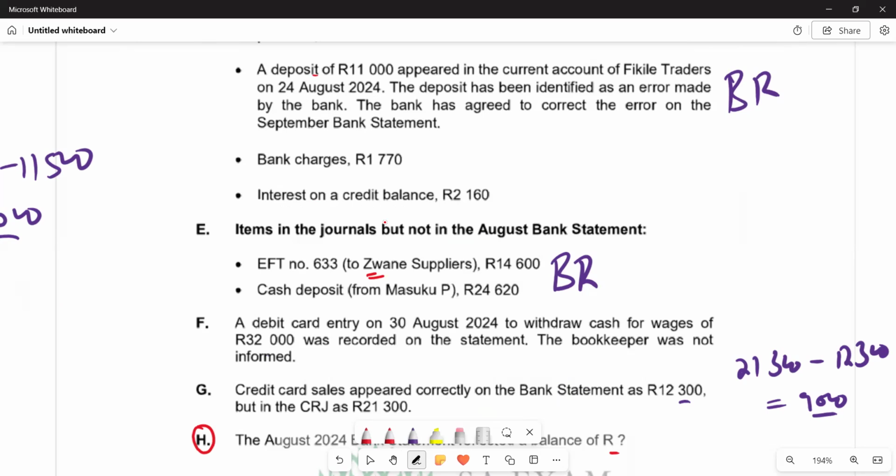So for the EFT, we are going to present 14,600, and as the description we are just going to say debit outstanding EFT number 633. And on cash deposits, this is just an outstanding deposit, so we are going to say credit outstanding deposit. So we go there and show those adjustments.